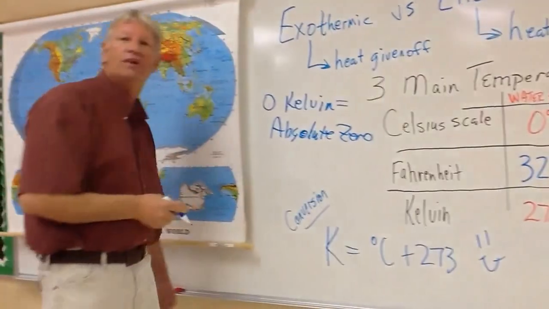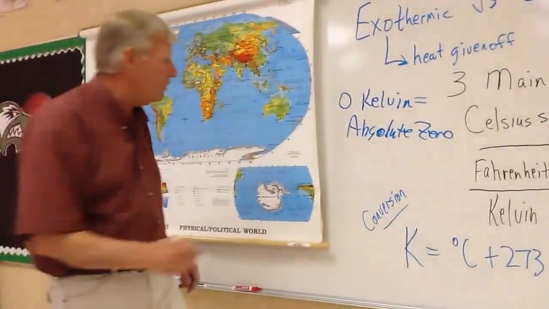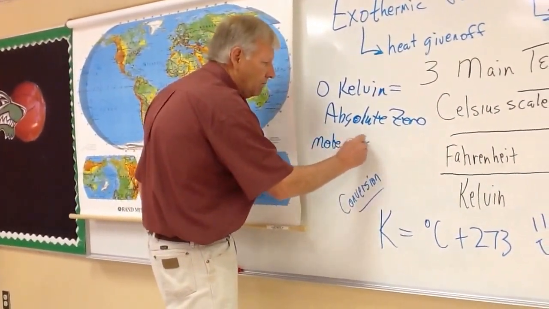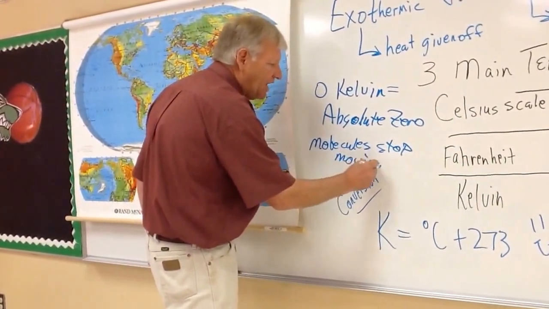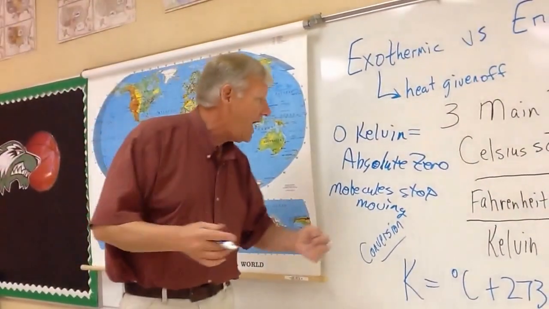What is absolute 0? Absolute 0 is where the molecules stop moving. Now, that sounds simple, and it sounds like, well, let's just go to 0 K. Let's just make absolute 0.